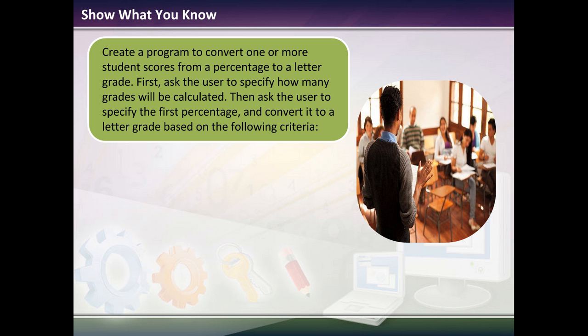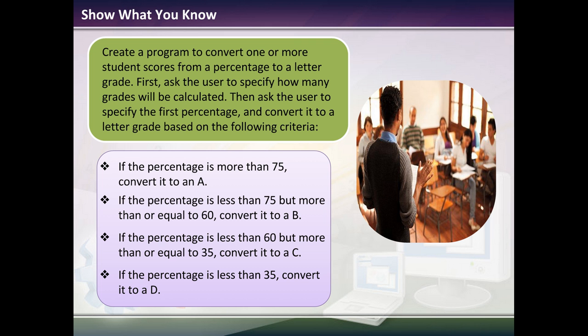First, ask the user to specify how many grades will be calculated. Then ask the user to specify the range, or the first percentage, and then convert it to the letter grade for the following criteria. Okay, so now this is a little trickier than it looks. Here's the criteria.